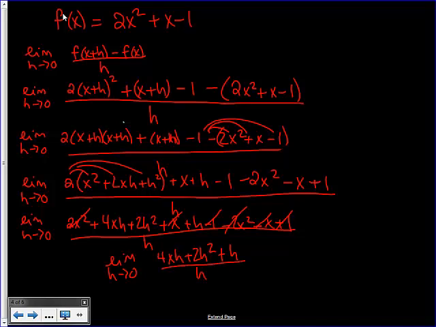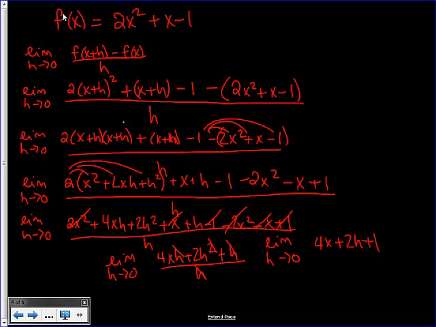Well, now what can I cancel algebraically? Cancel all of my h's. And that h divided by h becomes 1. So now I'm left with the limit as h approaches 0 of 4x plus 2h plus 1. All I gotta do now, really simple, really easy.